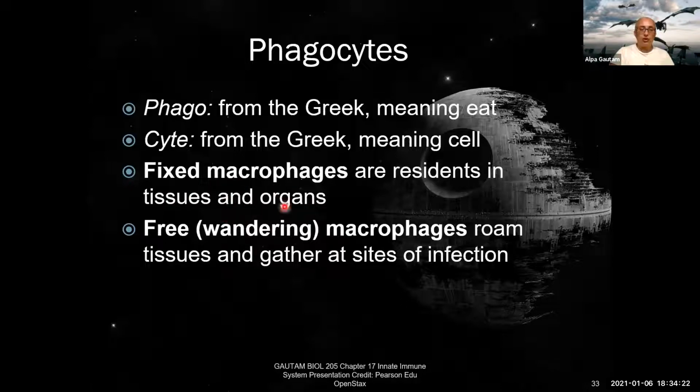If a pathogen is present, then you don't have to wait for monocytes to leave the circulatory system. They're already there. And then you have free or wandering macrophages, and these are present in blood and they travel around the body.